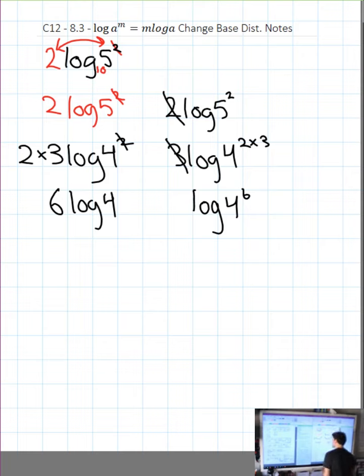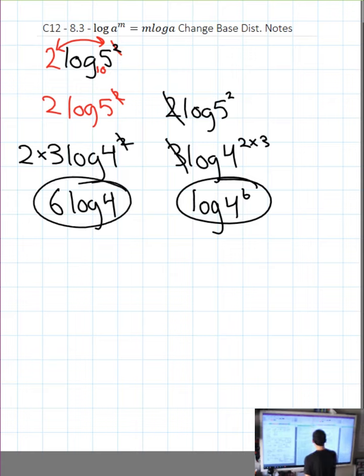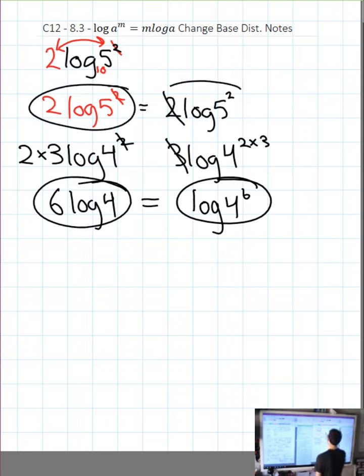So some of these rules we're just going to be working on in practice for more complicated questions. So notice these two things are equal to each other. These two things are equal to each other.